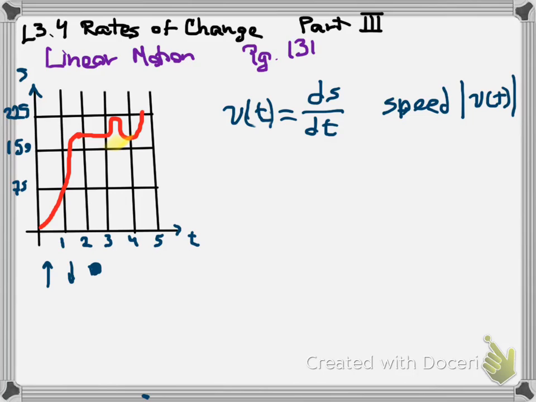Okay, and then the average velocity between 0 and 2 is greater than the velocity between hours 3 and 5. So the average velocity is greater over the first 2 hours than the next part, because between 2 and 3 it was stopped, and here it's also speeding up, but the average rate of change was slower. I hope you understood this lesson.